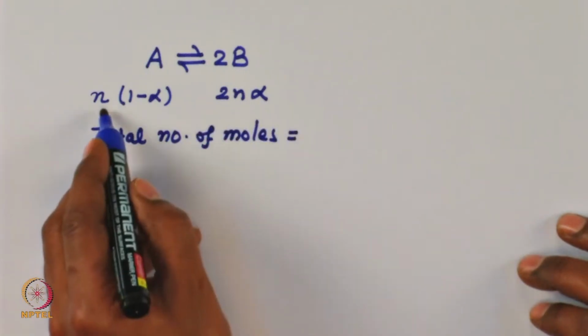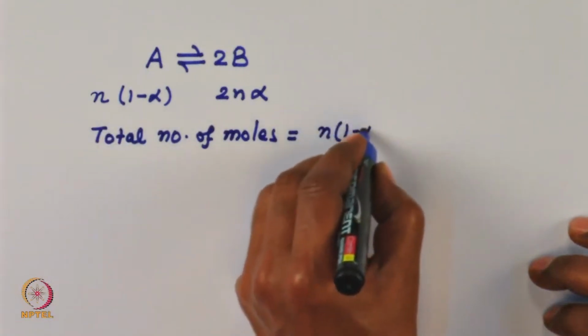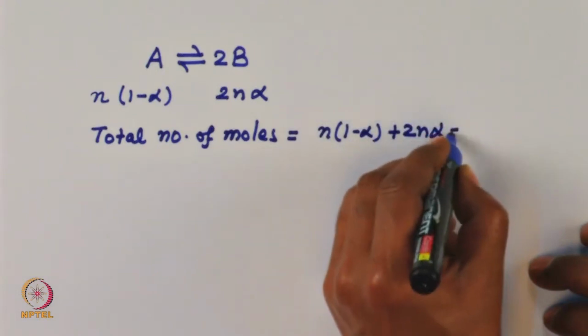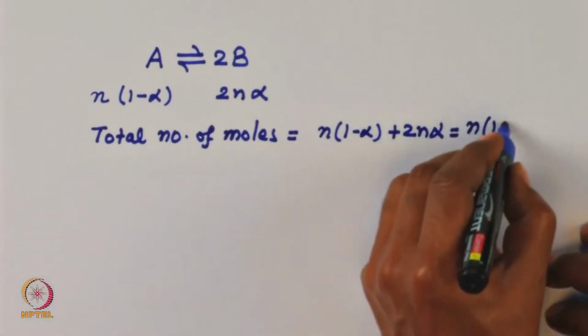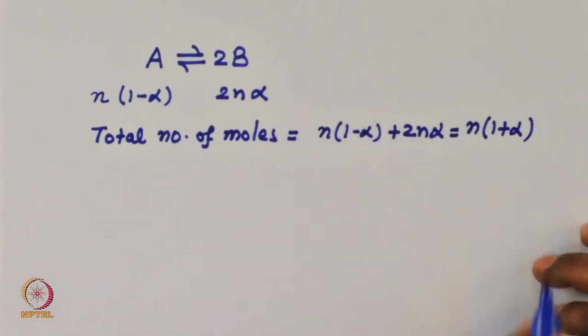will be equal to n into 1 minus alpha plus 2n alpha, which is equal to n into 1 plus alpha.